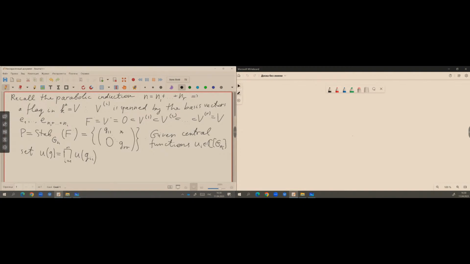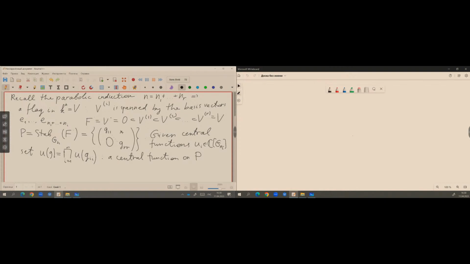So it depends only on the diagonal blocks, not on the upper triangular part. And this is a central function on our subgroup. So it factors through the quotient map to the product of GLn. Yeah, it's independent of the unipotent radical.